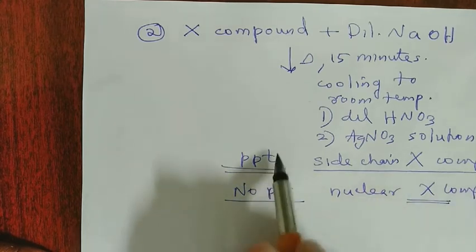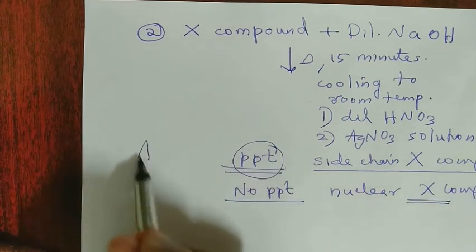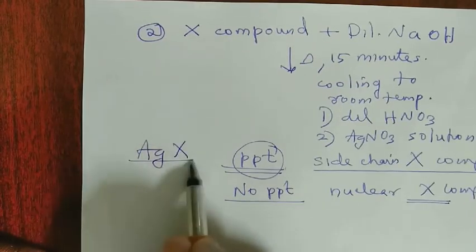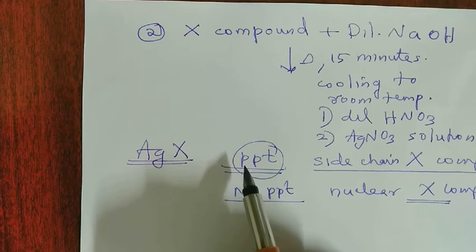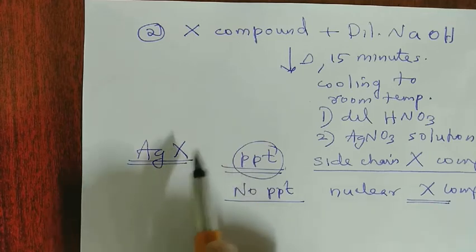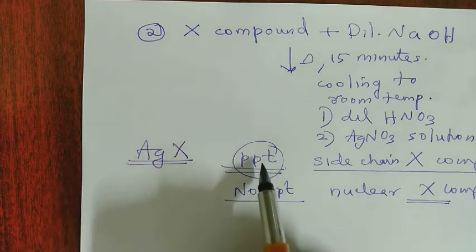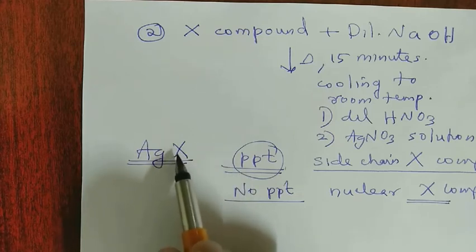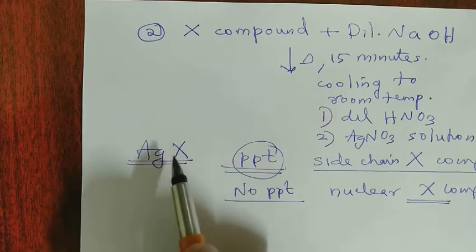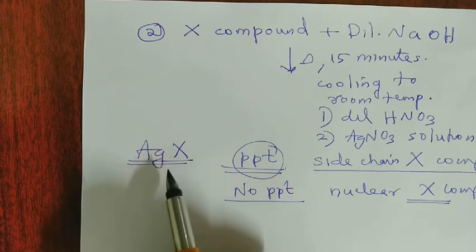Here also the precipitate is due to the formation of a silver halide. Hence, from the color of the precipitate and its solubility in ammonium hydroxide, the nature of the halogen can also be predicted. A curdy white precipitate soluble in ammonium hydroxide indicates the presence of chlorine.